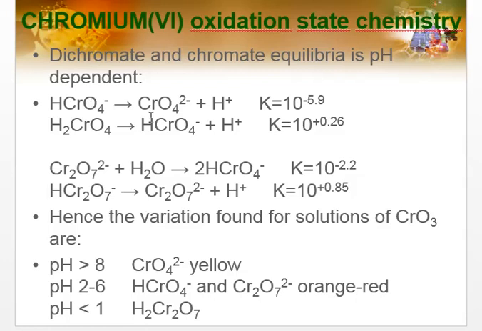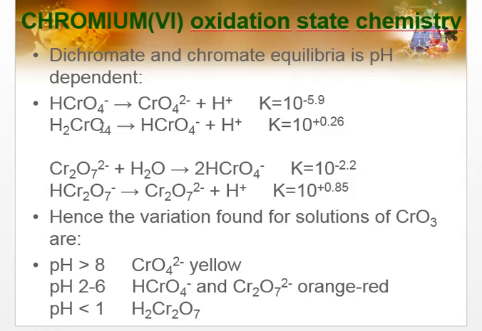As you remember, what is the dissociation process? In the dissociation process we can remove one hydrogen. But if we have a dibasic acid, our dissociation will go in 2 steps.